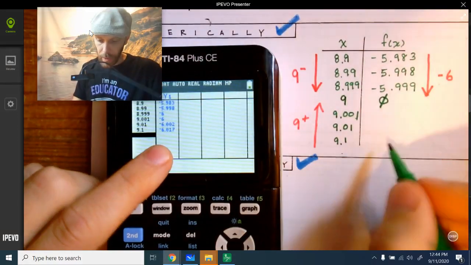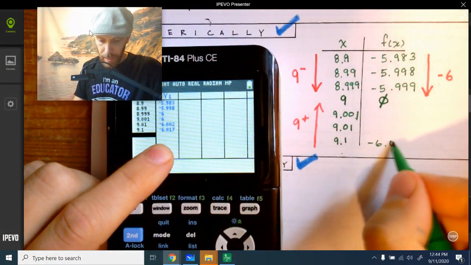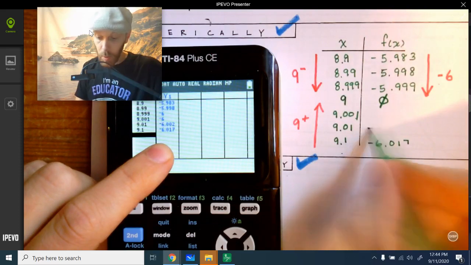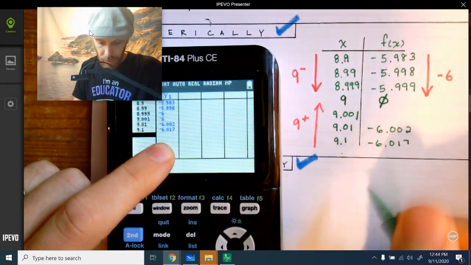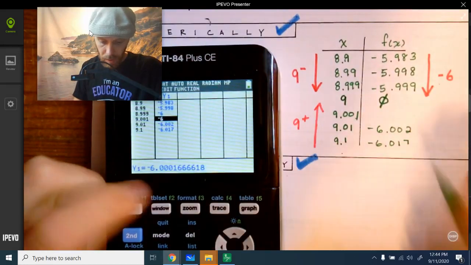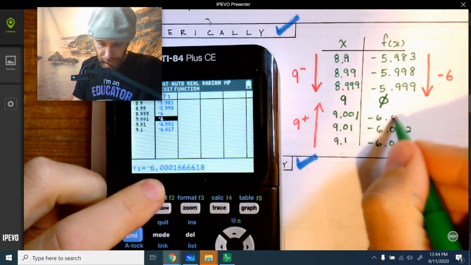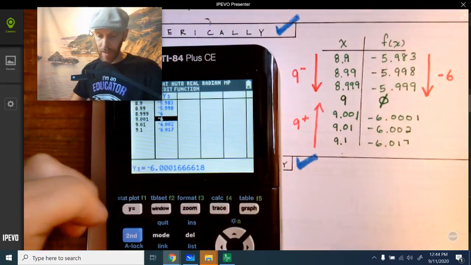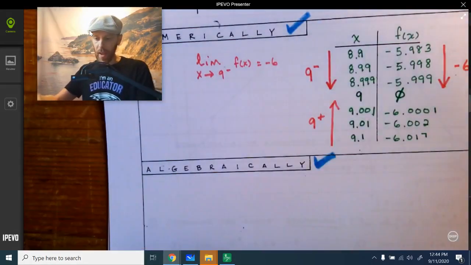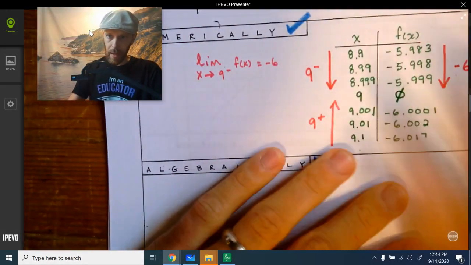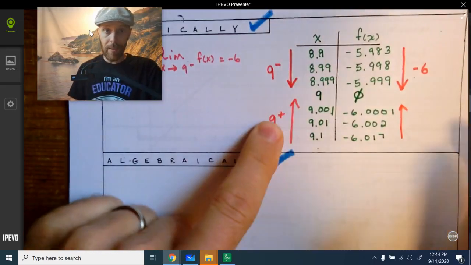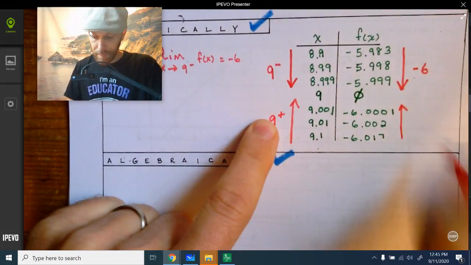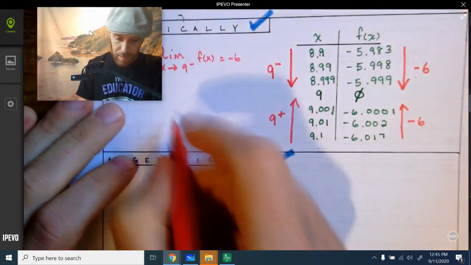I got these values right here, a little bigger than negative 6, or a little more negative than negative 6, almost negative 6, and really close to negative 6. So we can say that the limit as we approach from the right side is negative 6.